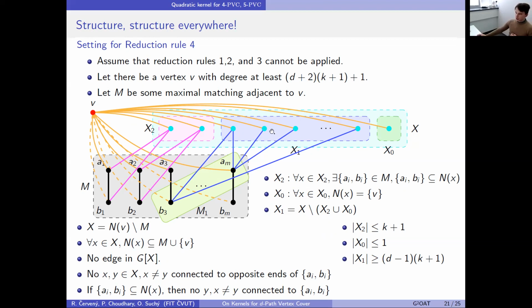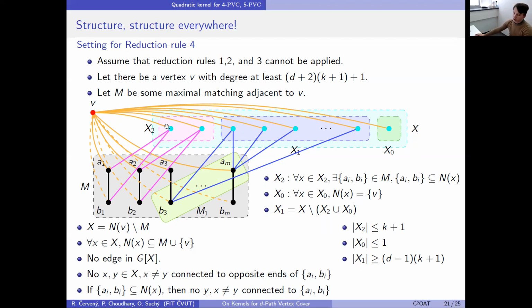So the same, there are no edges inside this set X. No two vertices in X are connected to opposite endpoints of an edge. Again, we would be able to increase the size of the matching, and so on. And what we do now is that we split the vertices in X into 3 types.